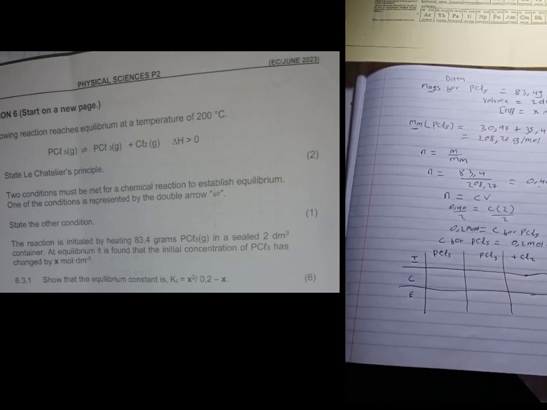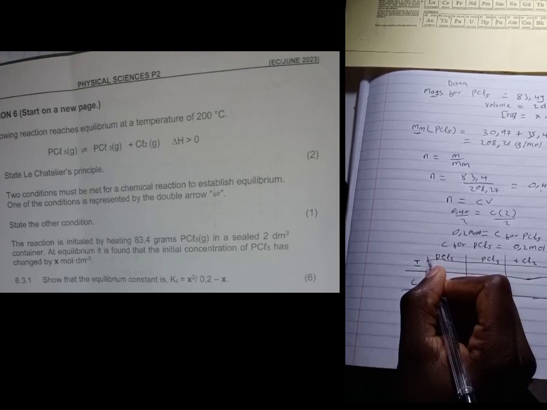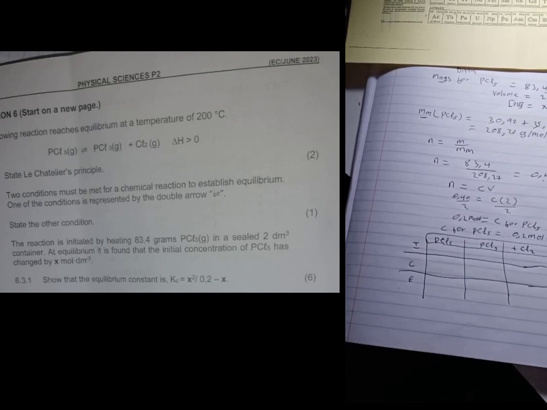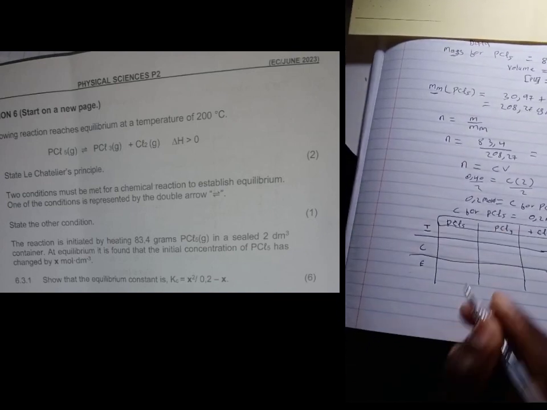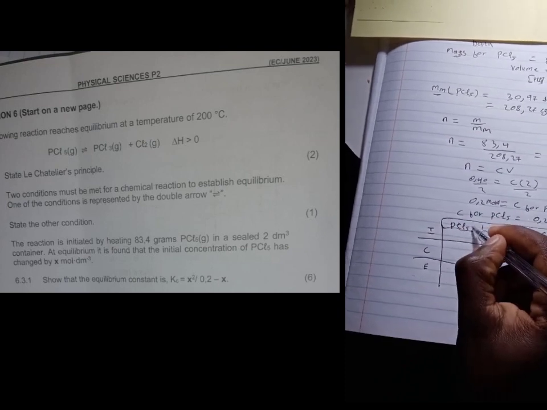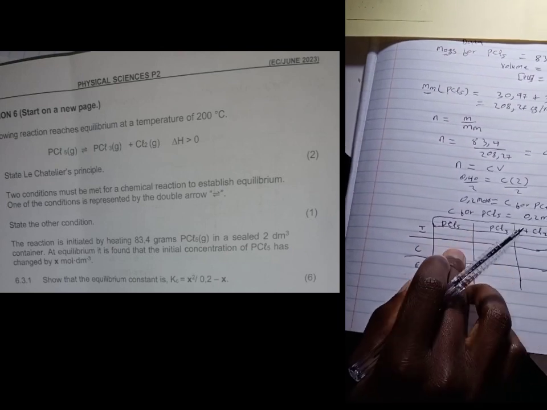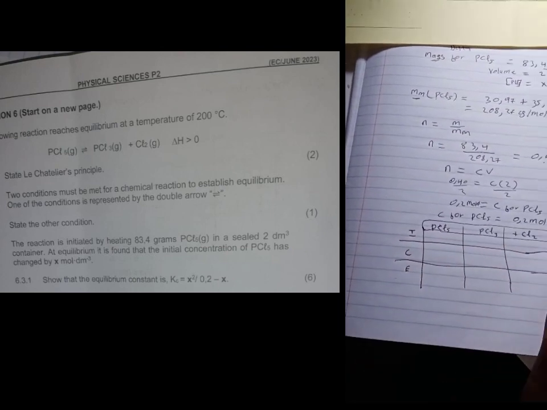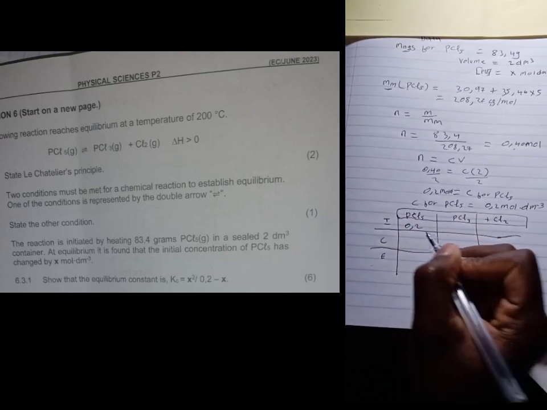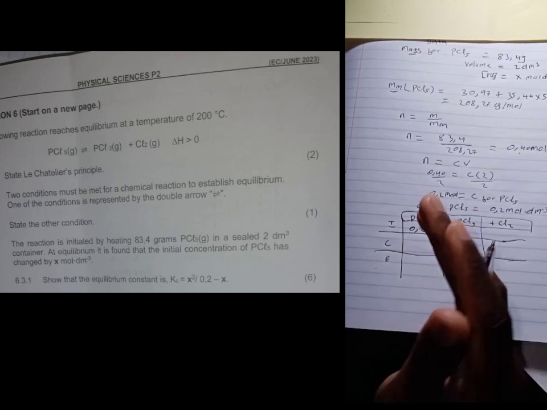So initially, because here we are going to put the concentrations, the concentration of PCl5 is 0.2.